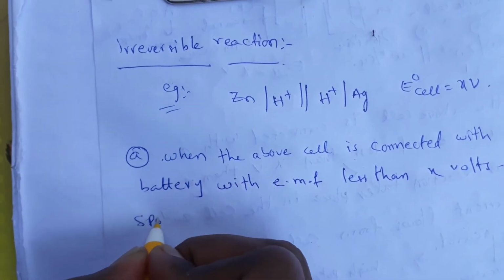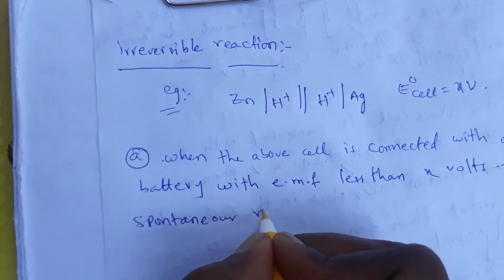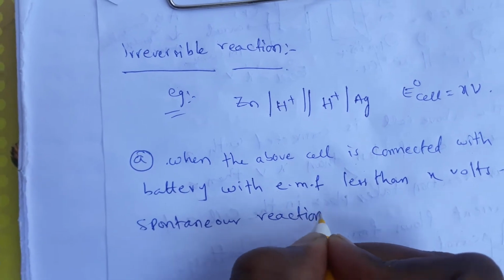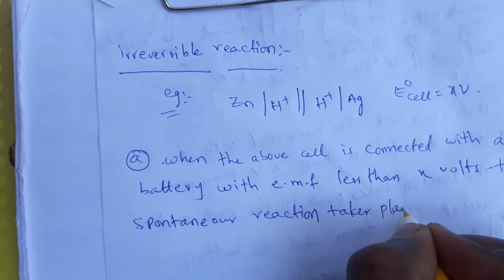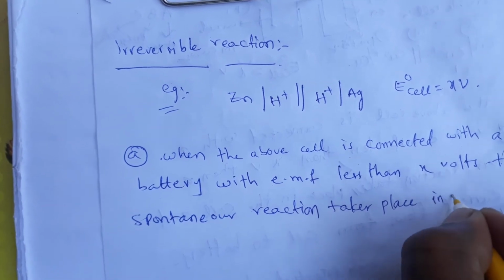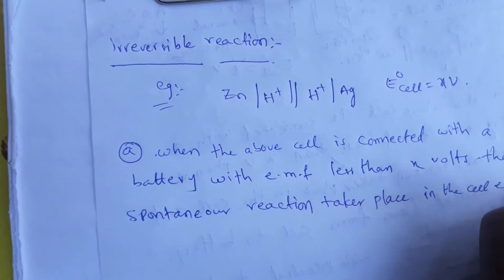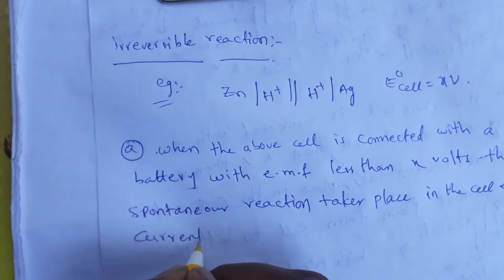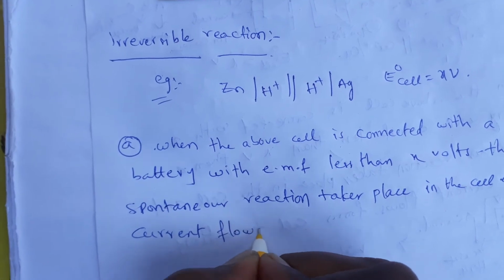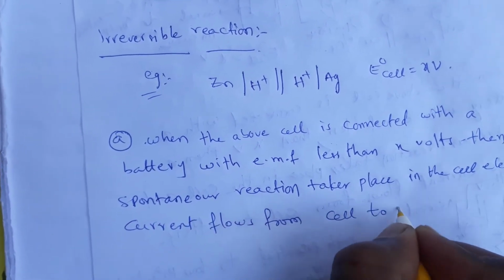Then a spontaneous reaction takes place in the cell, and electric current flows from cell to battery.